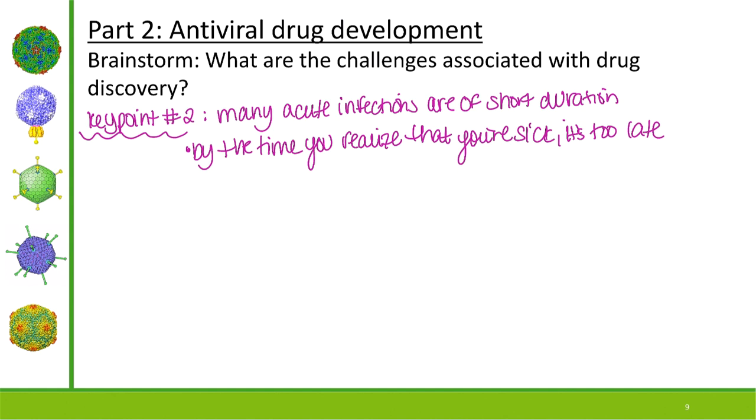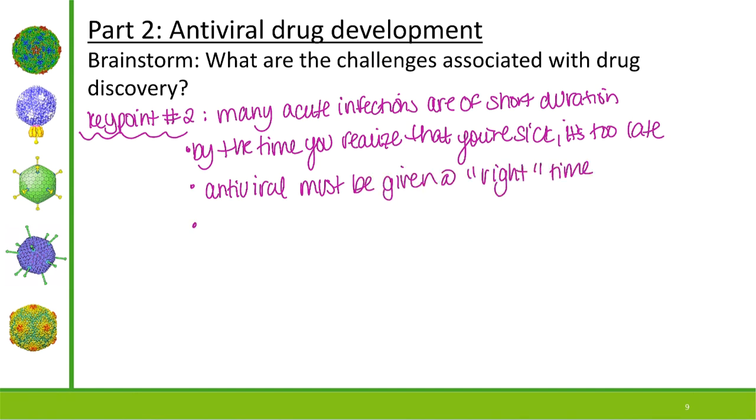Oftentimes Tamiflu is given for the flu, and we'll actually talk about how Tamiflu works. But you have to take it within 24 to 48 hours. If you wait too long, then it's not going to help you. For many of these acute infections, you have to take it very early on. So it goes back to this idea that the antiviral must be given at the right time.